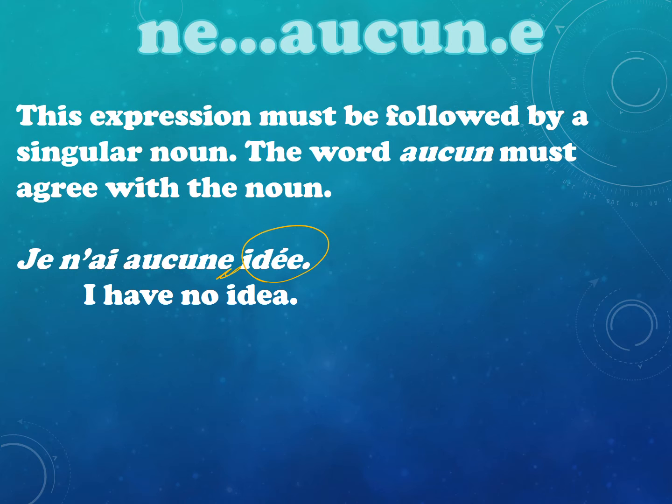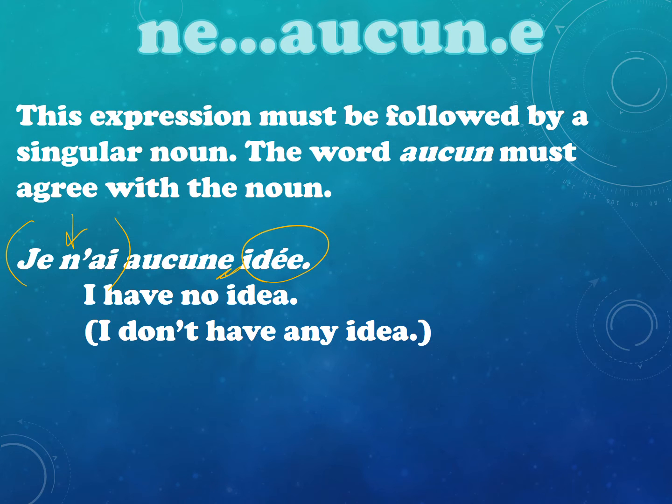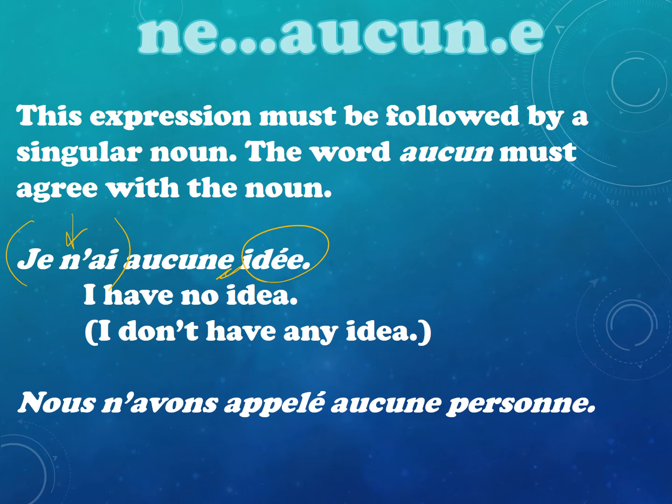This is a very common expression in French, and when you hear someone say it, you often don't hear the ne. You just hear j'ai aucune idée. Or sometimes they just cut off the entire first part and say aucune idée. No idea. Aucune idée. Nous n'avons appelé aucune personne.